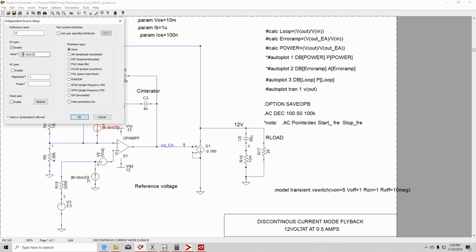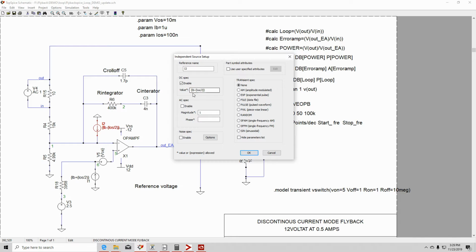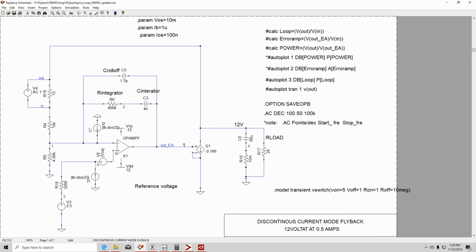Okay, I'll go to the enable and I type in the curly brackets. So IB minus parentheses IOS divided by 2 close parentheses close brackets. Okay, so I'm defining it here.